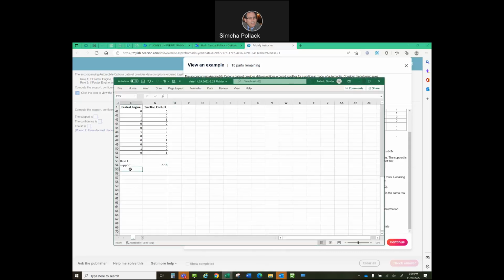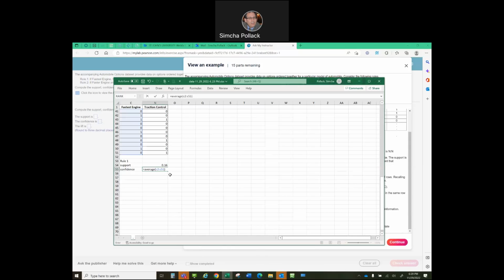This is called the confidence, and it's equal to the average of the antecedent, which is column C2 through C51, divided into 0.16. Remember, the 0.16 goes on top.